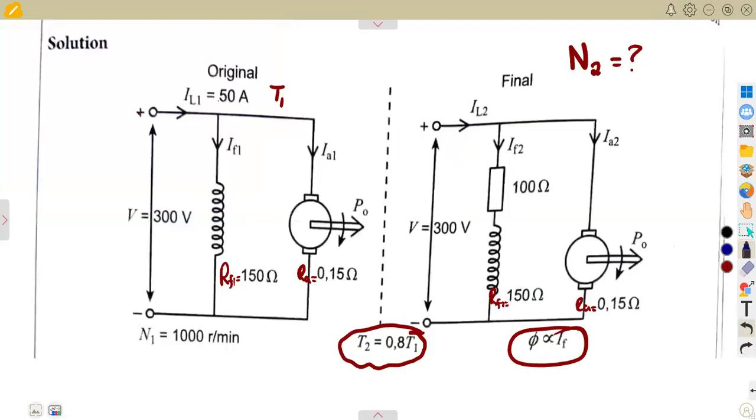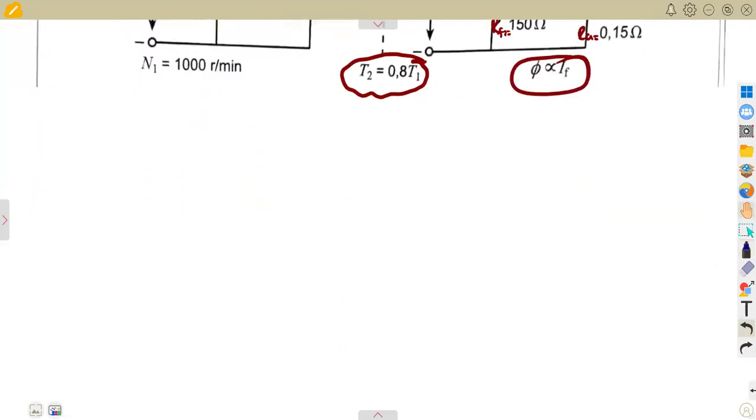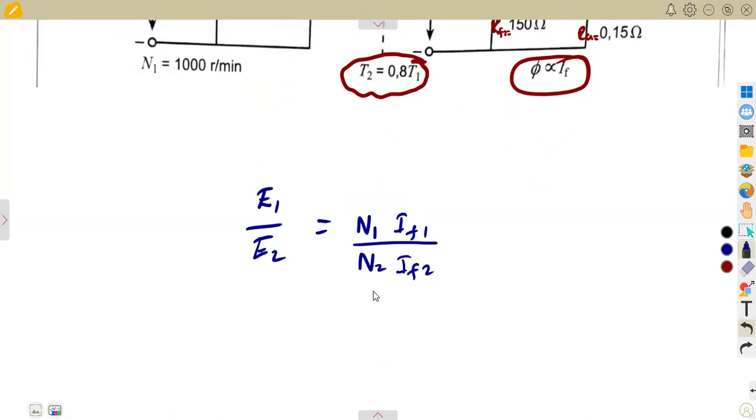Like I explained before, you can rewrite this formula as E1 over E2 is equal to N1 times field current 1 over N2 times field current 2.